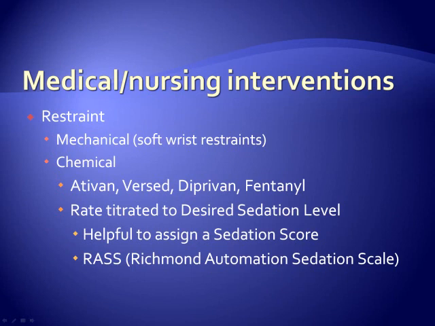So that's kind of an added benefit that we get from those drugs. The drugs are going to be titrated to desired sedation level, and there are sedation scores that are used in the intensive care unit. The RASS is one. There's a number of other ones that are also used to help to provide us with an objective feel for what the patient's sedation level is.